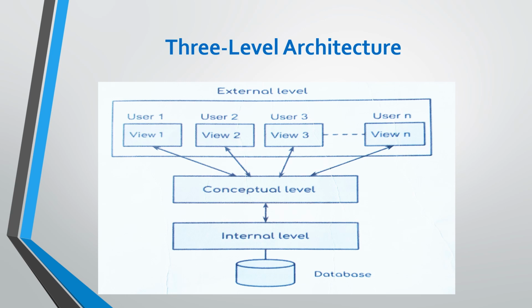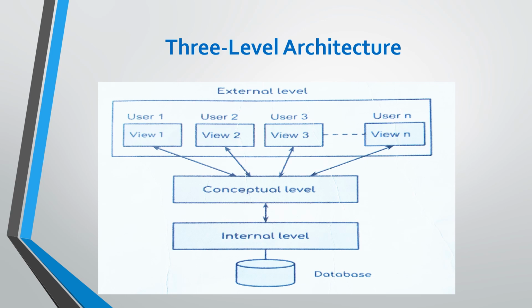First, let me tell you about the internal level. The internal level is the lowest level of data abstraction, which deals with the physical representation of the data in the database, so we can call it the physical level.